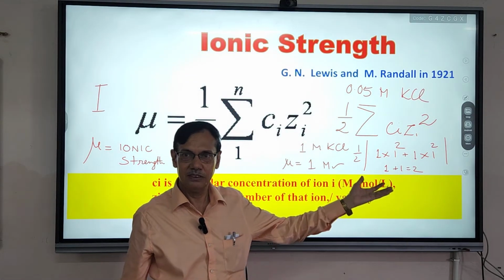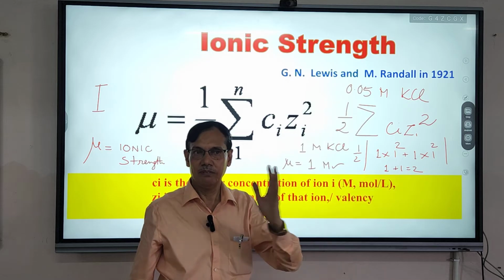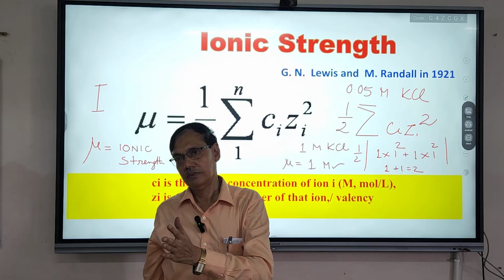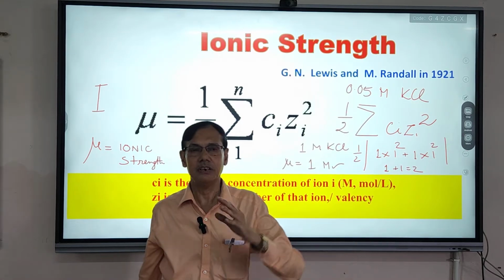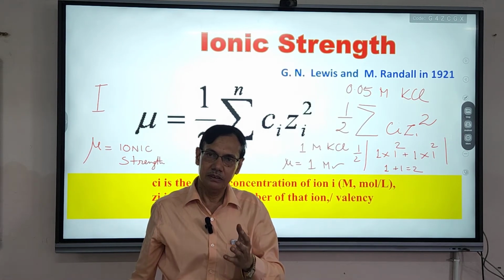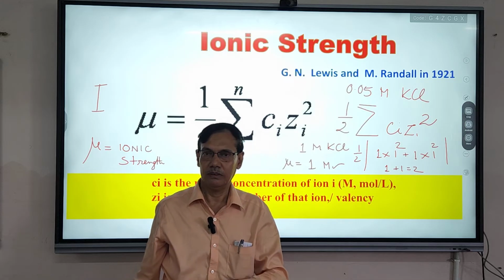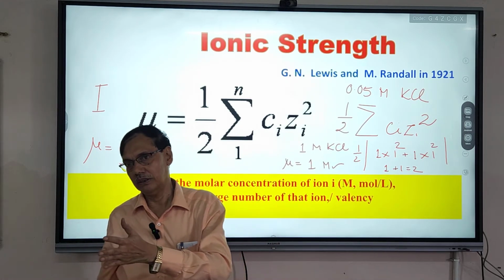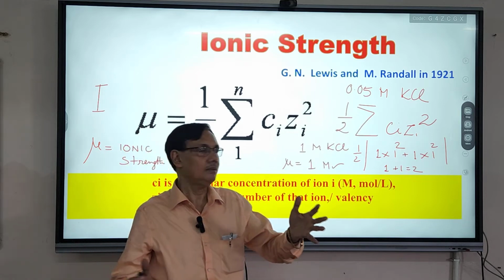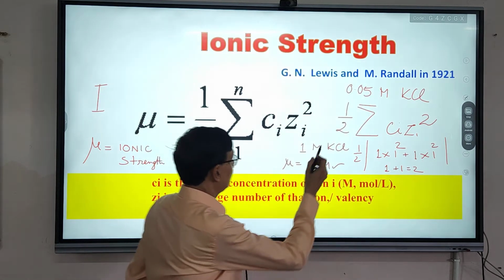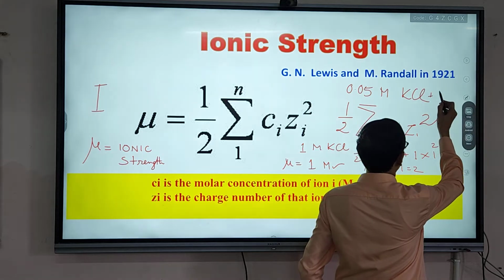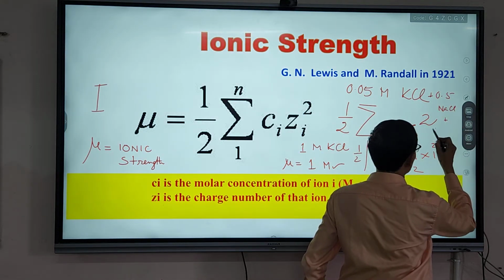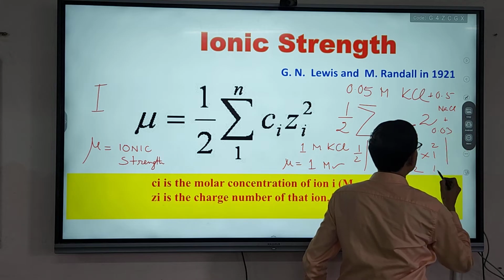You follow my point? So for a univalent electrolyte, it is the same. For bivalent, it is 3 times that of univalent. For bivalent, it is 4 times. I will explain gradually. Suppose a solution contains 0.05 KCl, 0.05 NaCl, 0.03 lithium chloride.